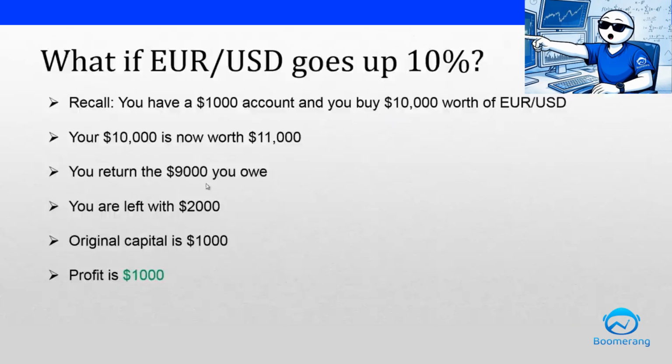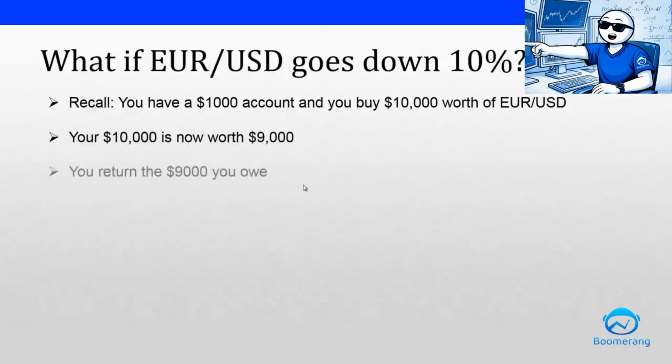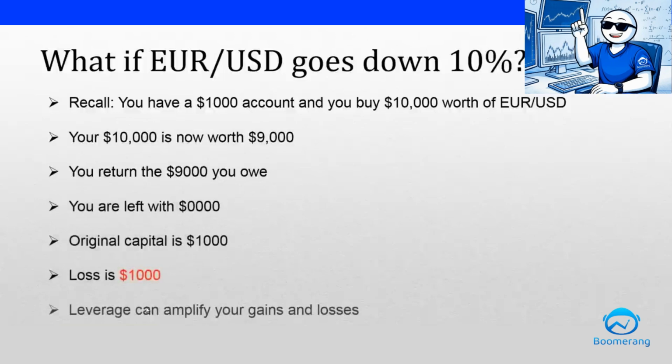You made a profit of 100%. So in this case, it's $1,000, but in percentage terms, it's 100%. This is pretty much the key thing that I want to point across: leverage can amplify your gains and losses. And in this example, you lost 100% of your capital because you used a 1 to 10 leverage. If you didn't use leverage at all, there would be a 10% loss of your capital.